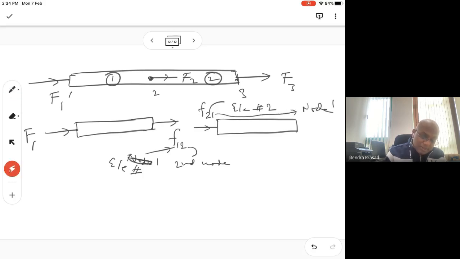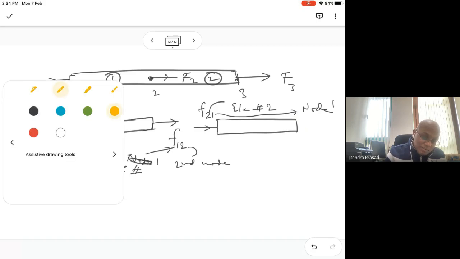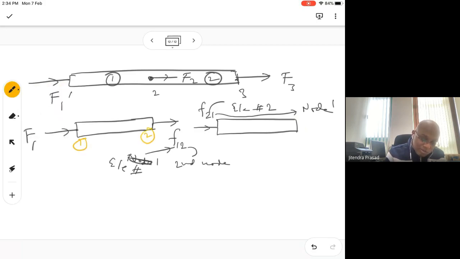So this is the force on element number 1 at node number 2. So node 1 and 2. This is local numbering, right? First node, second node. Here also first node, second node. Local numbering, say 1 and 2. So local node number. Similarly, this becomes 1 and 2.